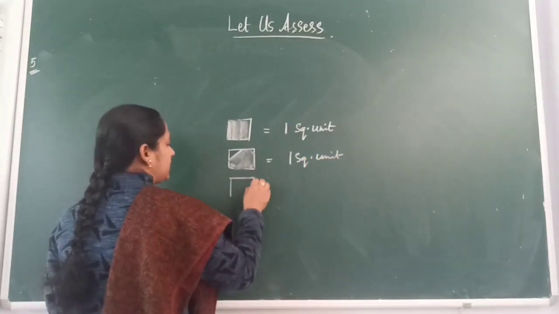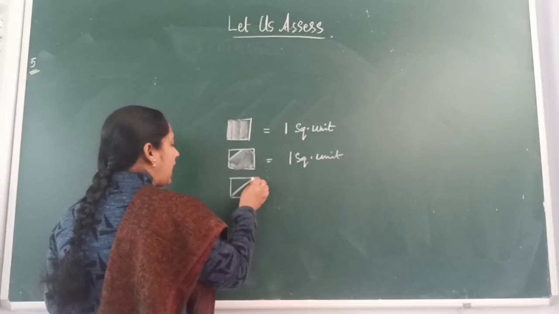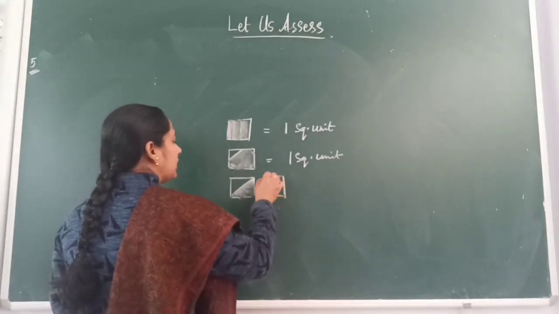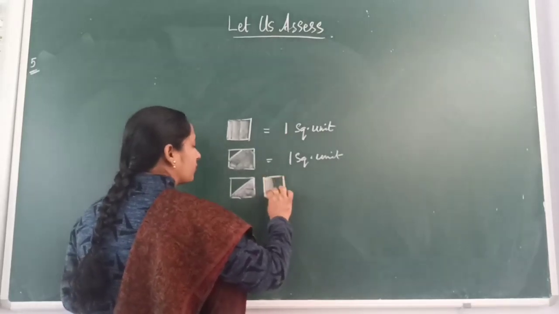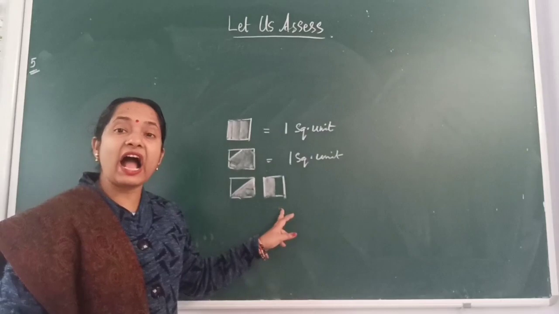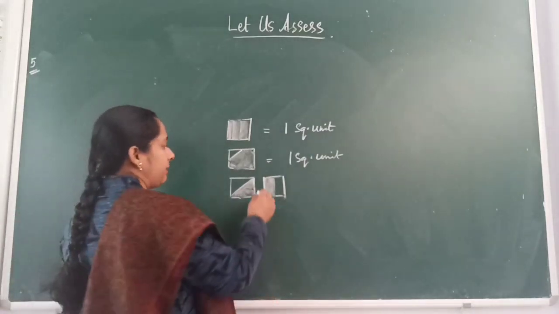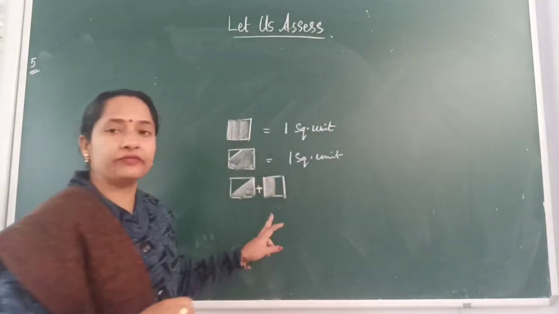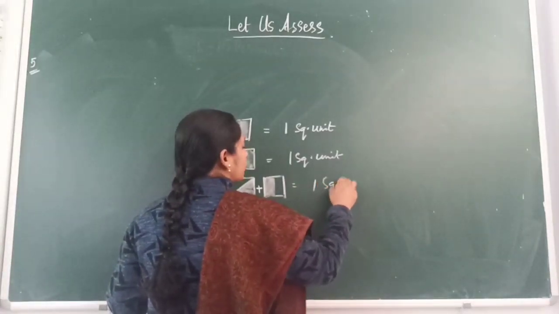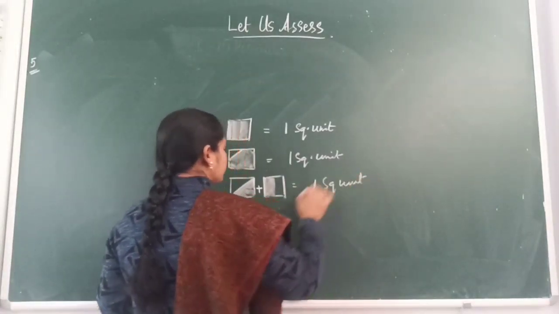If a grid is filled only half, then you will treat it as half square unit. But when 2 half square units add together, we get 1 square unit.